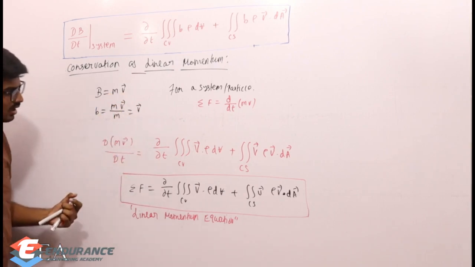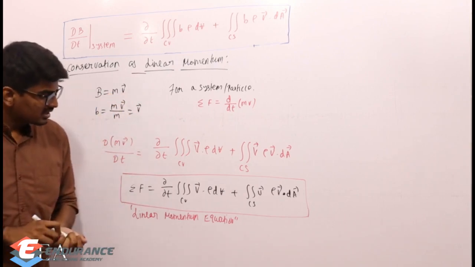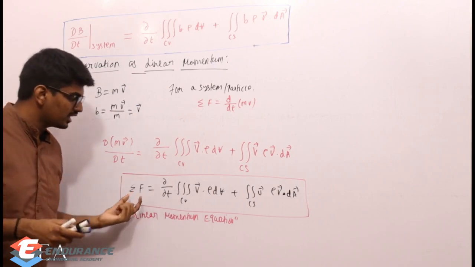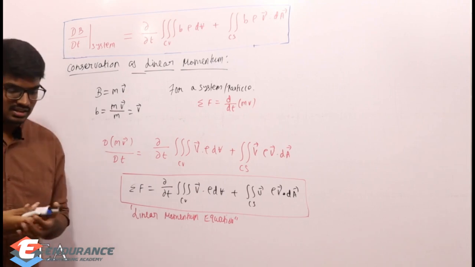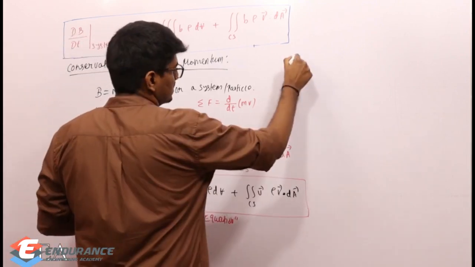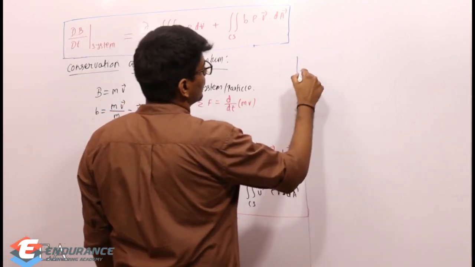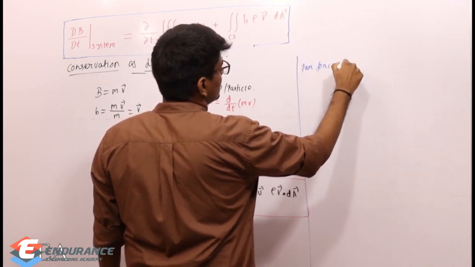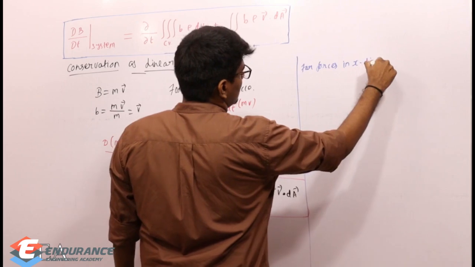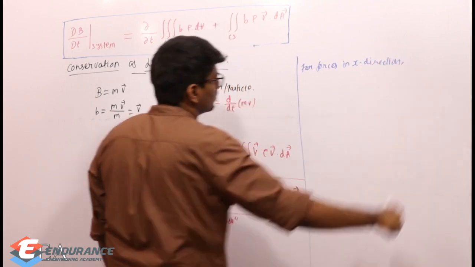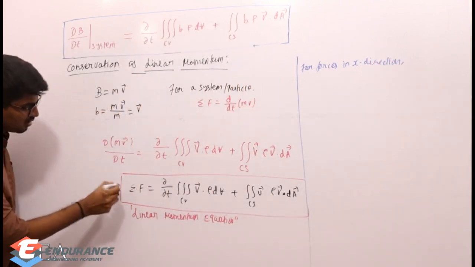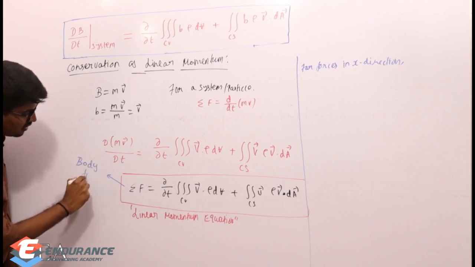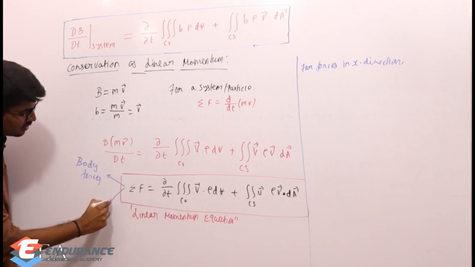Now there is one more modification or extension which I can give. If I want to find the summation of forces in the x direction, let me divide it here. Before going into that, I need to add one more point here. This summation of force includes both body forces and surface forces.